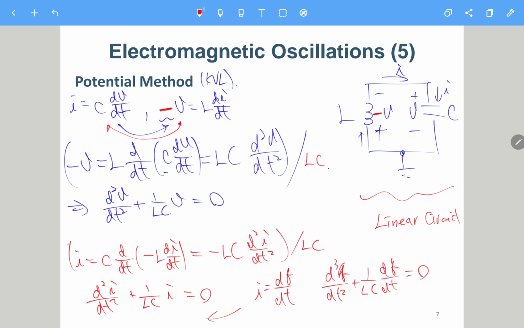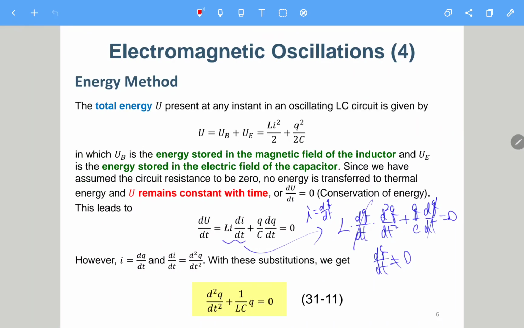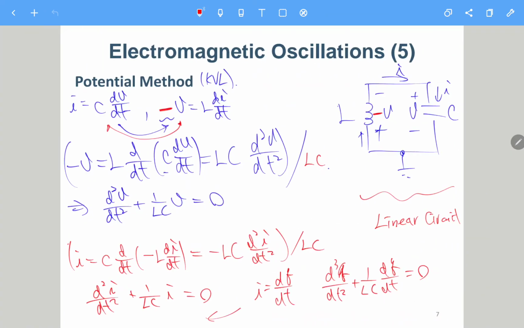So you can just integrate on both sides to get rid of one of the derivatives, and then you will also get this one. So this is how we derive this simple equation.